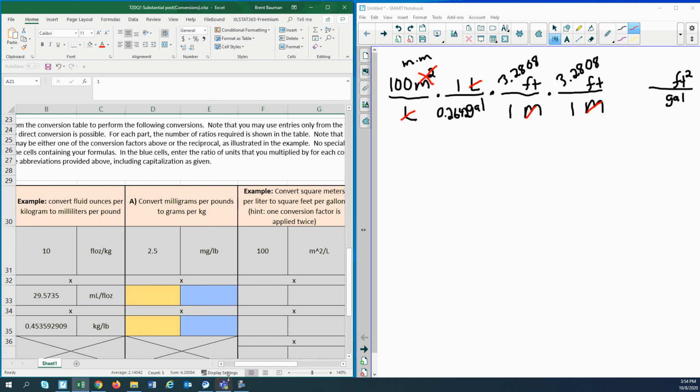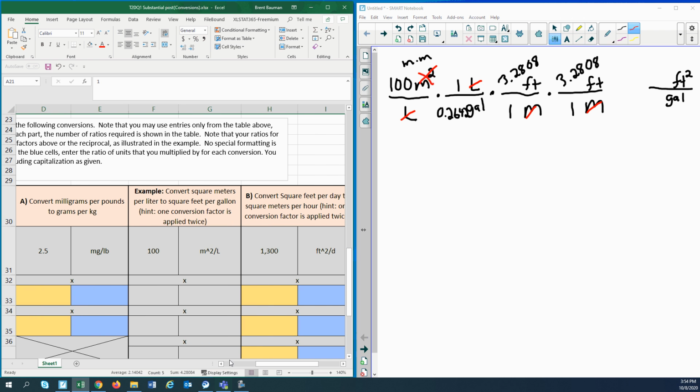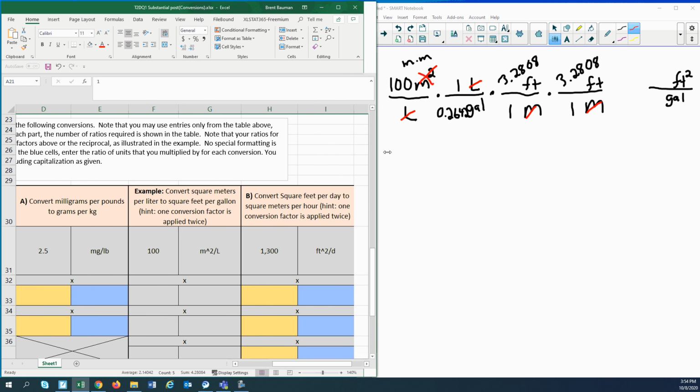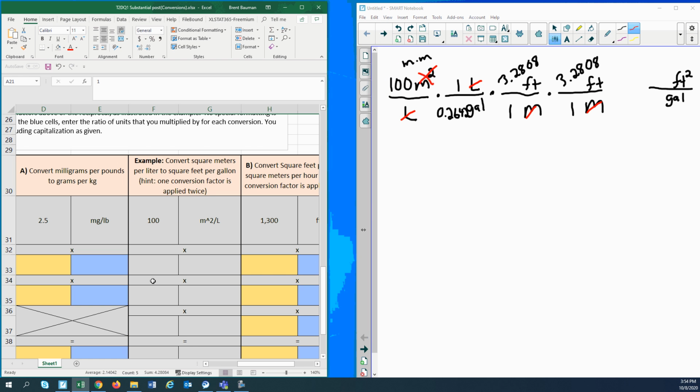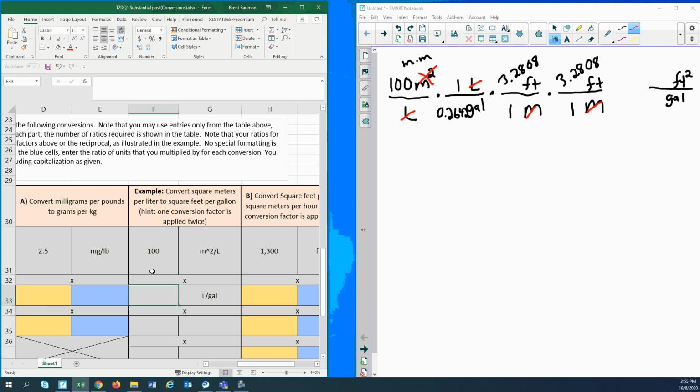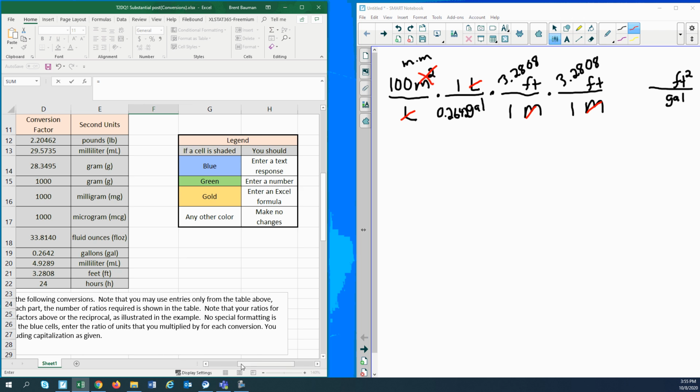Okay, so in my first conversion, looks like I need a little more room. Okay, so my first one, I have 1 over 0.2642, and that's liters per gallon. So I can do the liters per gallon here. Now I'm going to use cell reference for these other ones. So I'm going to go back up, hit my equals to get it started, and find my conversion up here.